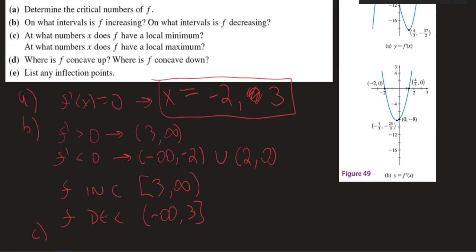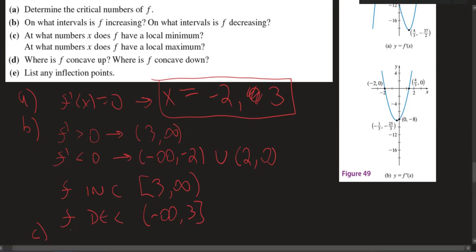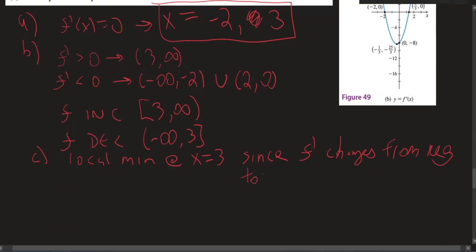Since f prime is negative for x less than 3 and positive for x greater than 3, by the first derivative test, f has a local min at x equals 3, since f prime changes from negative to positive at x equals 3.